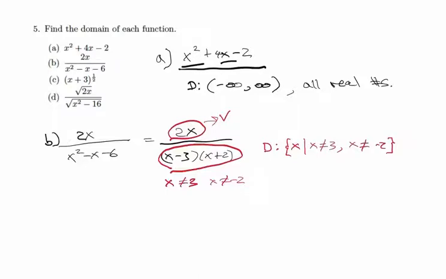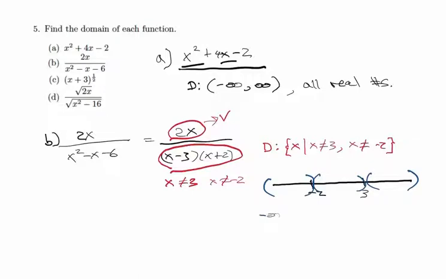And in interval notation, again, I suggest you draw a number line so that we will not miss any sections. So we have negative infinity to negative 2, negative 2 to 3, 3 to positive infinity.